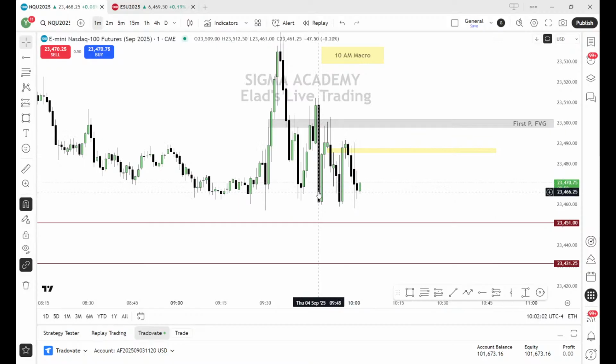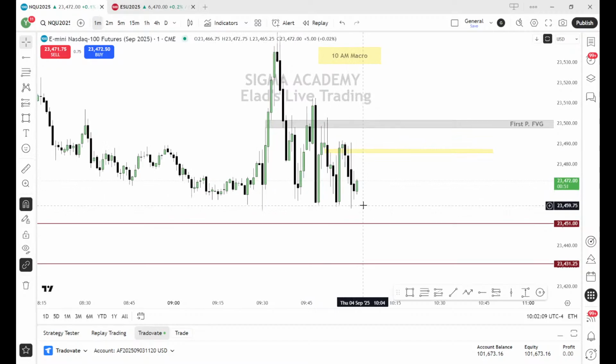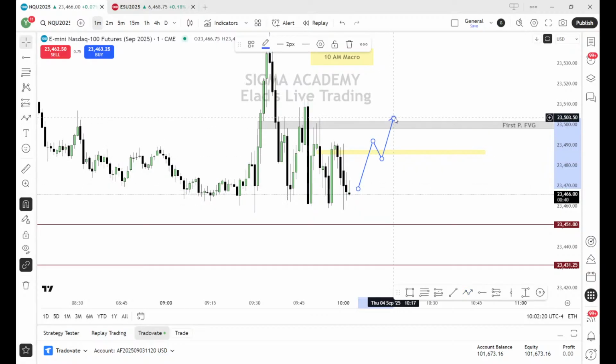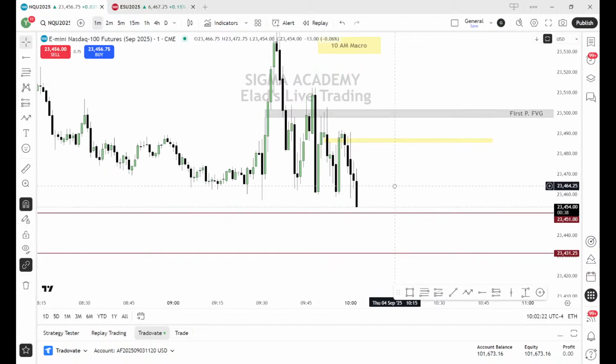Up candles send us lower for now. Also, I don't like it if it will just take highs and go higher. I would prefer right here.